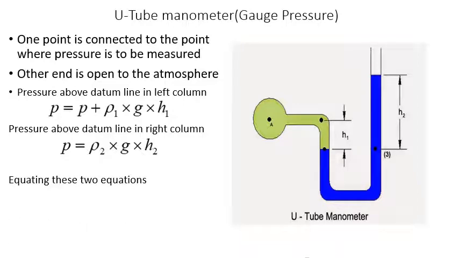Equating these two equations, the pressure at point A is equal to rho 2 into g into h2 minus rho 1 into g into h1. Here rho 1 and rho 2 represent the density of liquid 1 and density of liquid 2.